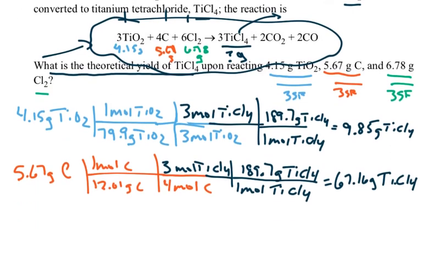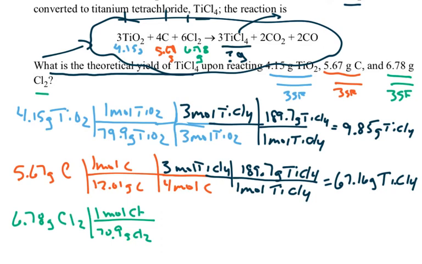TiCl4. Okay, last one. We have 6.78 grams of Cl2. Okay, Cl2 is 70.9 grams per mole. Then by our stoichiometry up above, there's 6 moles of Cl2 for every 3 moles of TiCl4.